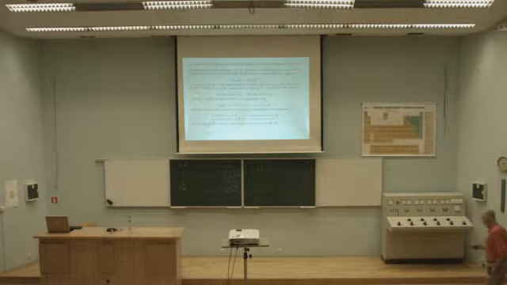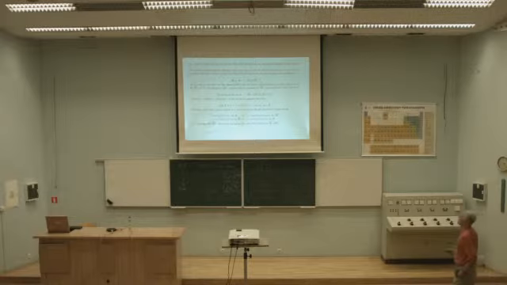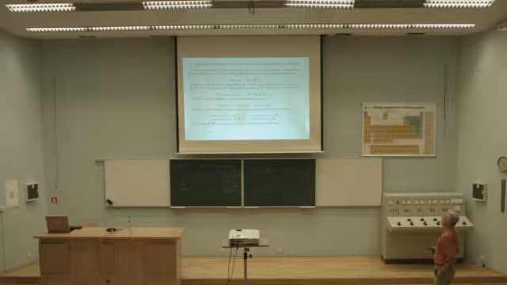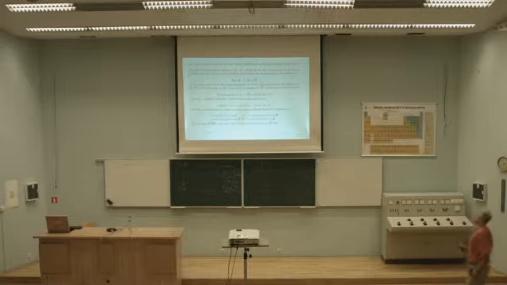So now I'm going to the description of covariant quantum phase spaces. This way of constructing covariant quantum phase spaces is known as the construction of the Heisenberg double.